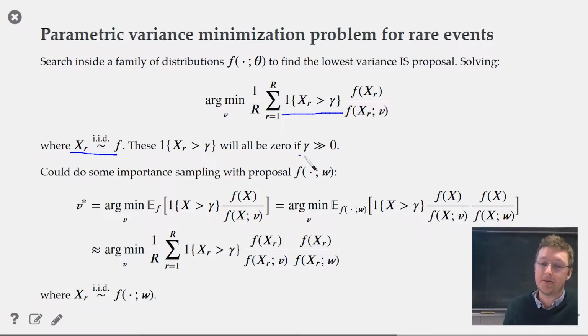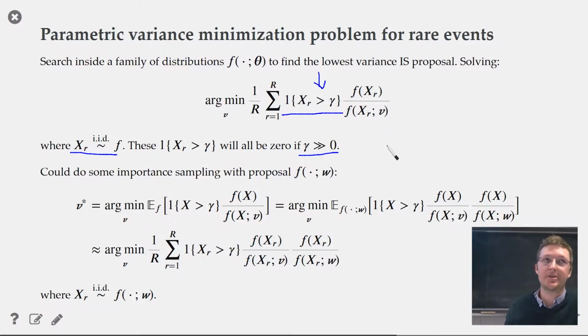And so in rare event land, gamma is very large, and if all of these indicators are turned off, then trivially it's all 0 all the time, and you get nowhere. It says that every distribution is just as good. Useless.